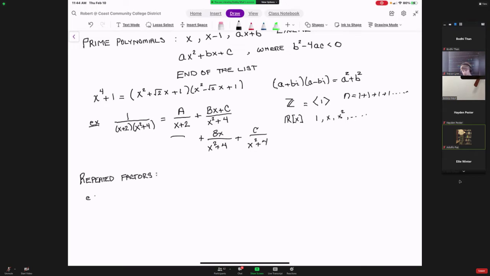So if I have something like this, where I have repeated irreducible factors, this is where you really need the Chinese remainder theorem to see how this separates up.